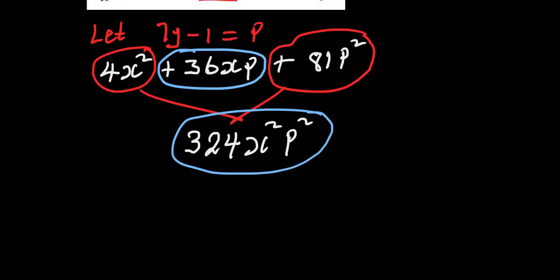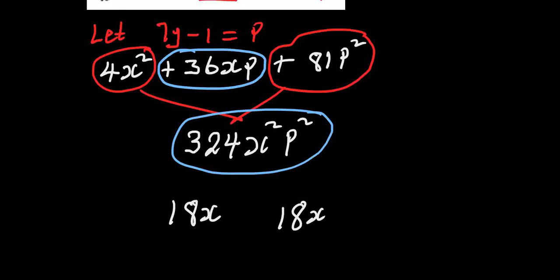So we can simply write this as 18, 18, and since we have x squared, we can split it into two, x and x, and p squared, p and p. So make this positive and this positive. So if you multiply this now, you are going to have 324x squared p squared, and if you add both of them, that's going to give you plus 36xp. So at this point, we are going to replace plus 36xp with these two terms.